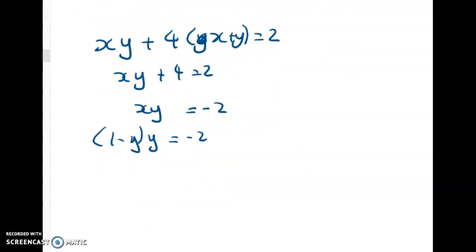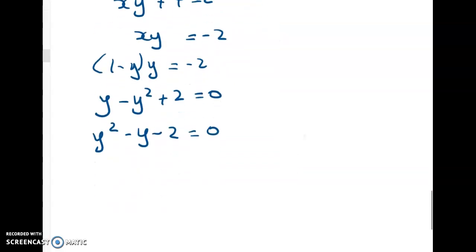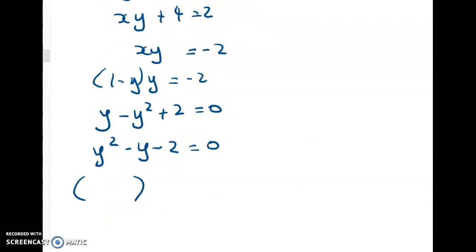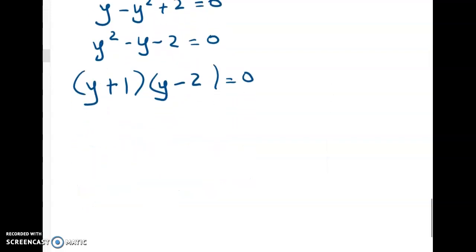And so on. So I get y minus y squared plus 2 equals 0. y squared minus y minus 2 equals 0. I'm sure everyone has turned off the sound by now. That's fine. Factorise that. That's an easy factorising one. So this is going to give me my real solutions. So y is equal to negative 1, or y is equal to 2.